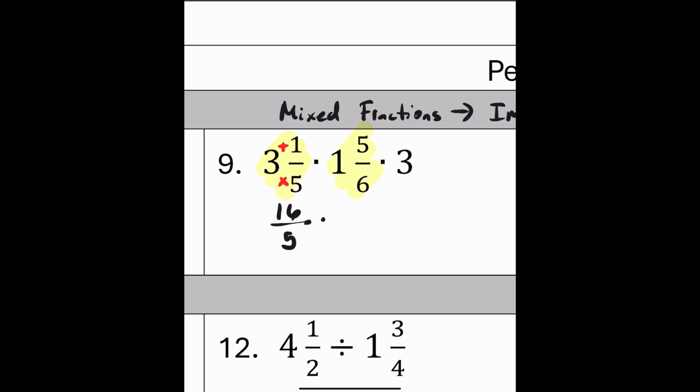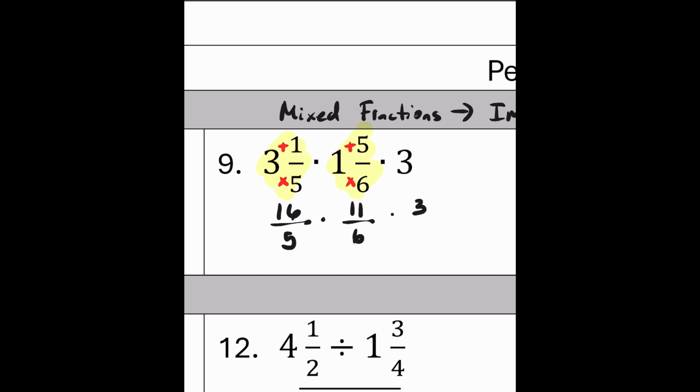We're going to do the same thing over here. So TX, or plus multiplication. So we have 6 times 1, that's 6, plus 5, that's 11. All right, so 11. And then you keep the denominator, so it's over 6.